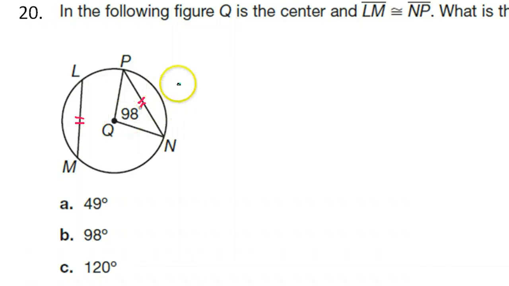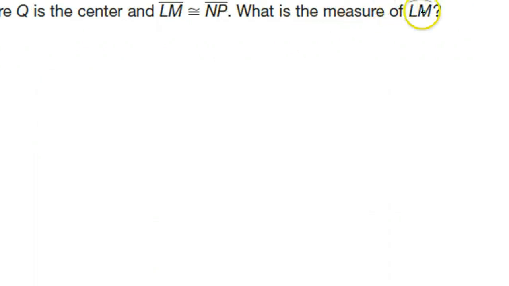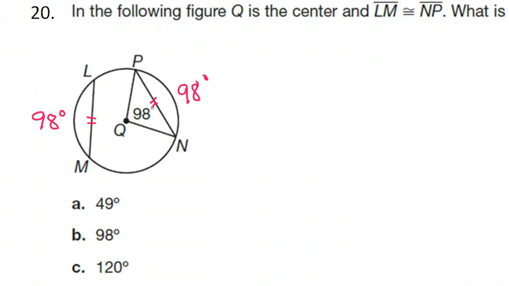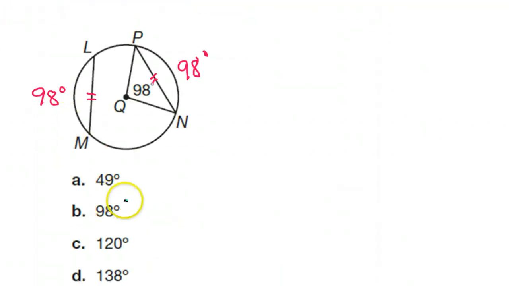Well, this is a central angle, so the angle measure and the arc measure are the same. So that means that this is 98 degrees. And like I said, if the chords are congruent, then the arcs are congruent. So that means that this is also 98 degrees. And that is what we were supposed to find, the measure of arc LM. Alright, it's 98 degrees. So there you go, it's B.